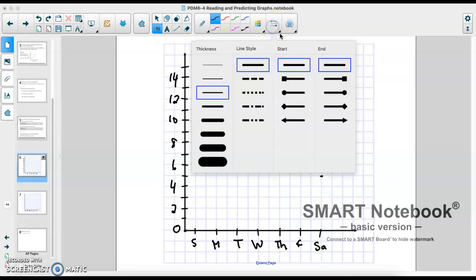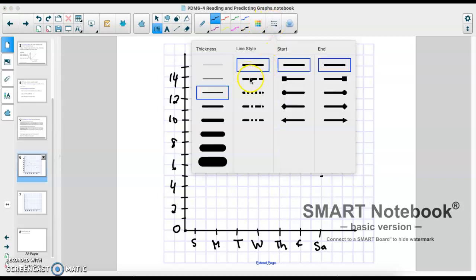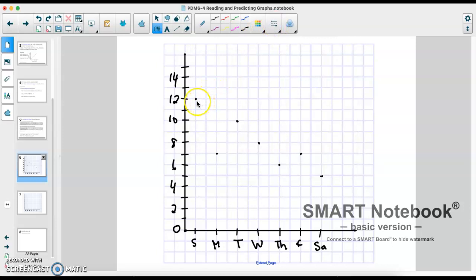Now, what I can do is use my dashed line and keep drawing. I will undo that for a quick sec and make sure that I get my dashed line again. Aha!